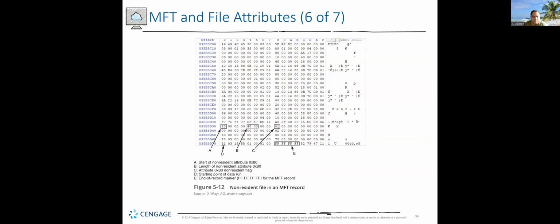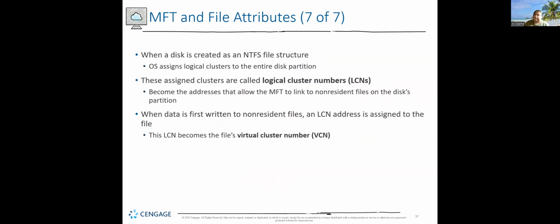So when a disk is created as an NTFS file structure, the OS assigns logical clusters to entire disk partitions. So what does that mean? An operating system assigns logical clusters to entire disk areas. If it's a whole terabyte partition, it's going to assign cluster areas to everything.